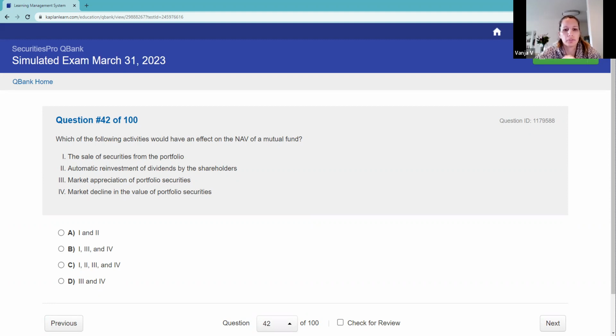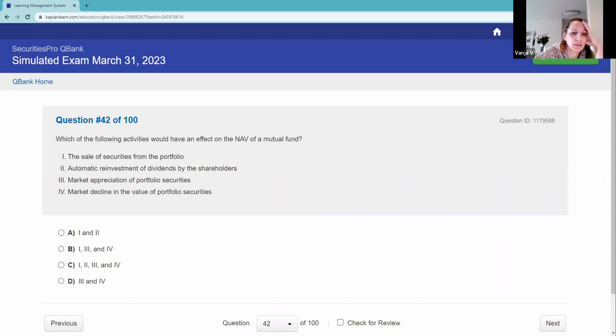So I'm probably going to overwork myself on this one, but let's see. The securities from the portfolio are usually redeemed back into the mutual funds. So maybe that's where the sale of securities from the portfolio is confusing me, but okay, let's move on. Automatic reinvestment of dividends by the shareholders. Market appreciation of portfolio securities, decline in the value of portfolio securities. I believe decline is definitely in it.